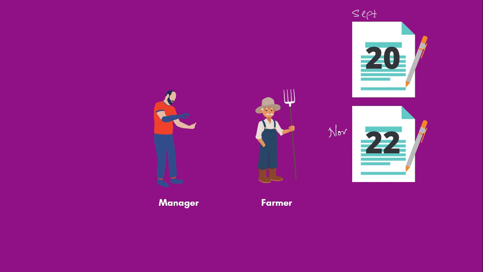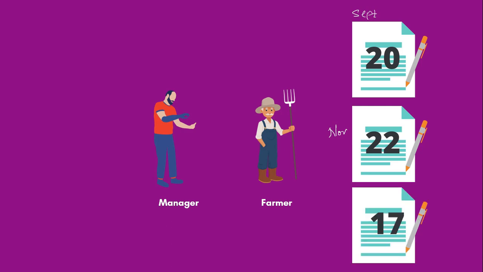Similarly, in the month of January, randomly take a price of say 17 rupees. So in the month of January, when the manager and farmer meet again, the transaction would take place at 17 rupees per kg. That means two parties can have multiple contracts among themselves also, and the day the contract is exercised is called the day of expiry.